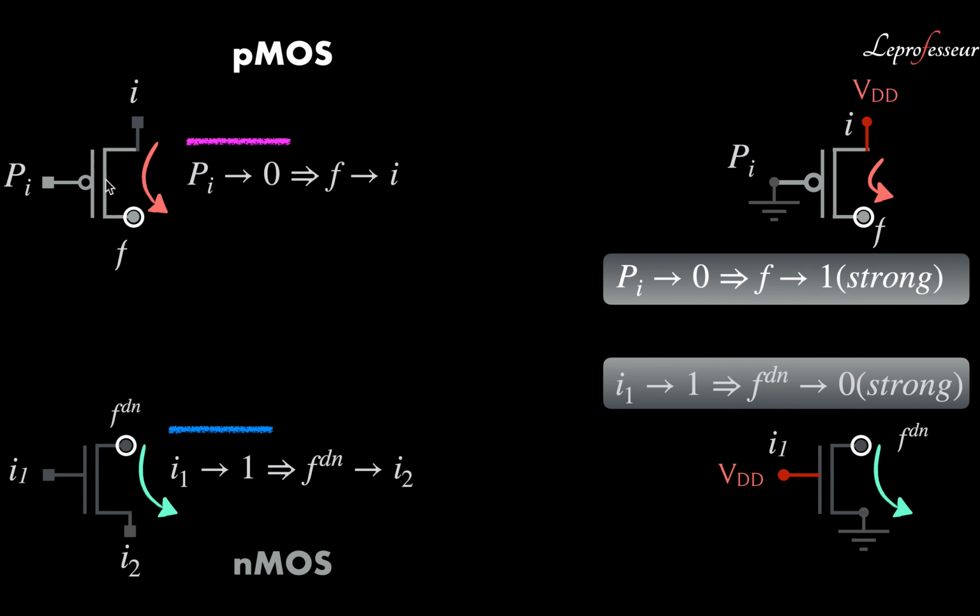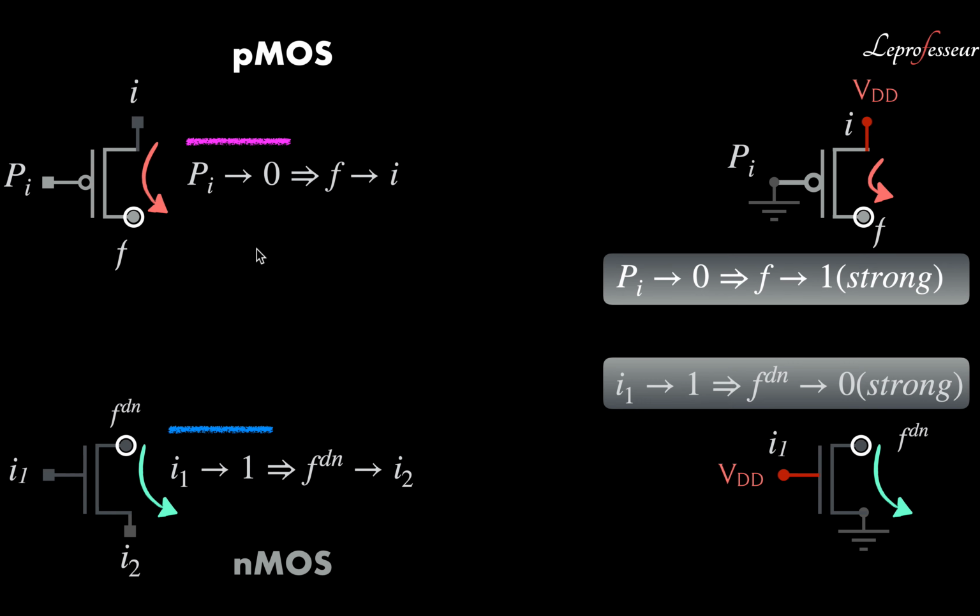PI is some kind of a control switch or valve. When it is on, water will flow. When it is off, water will not flow. For the PMOS, when this control PI is at logic level 0, the output will have logic level I, and this transistor becomes a pass transistor, in other words.